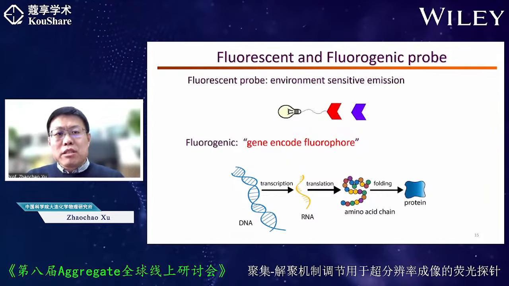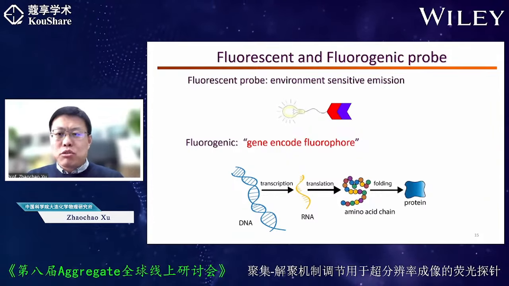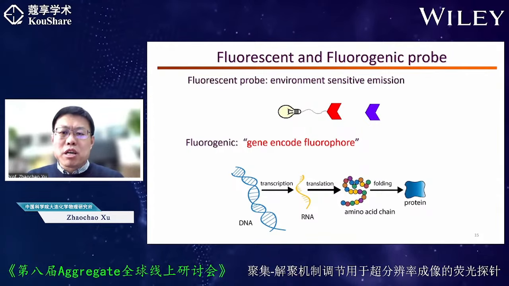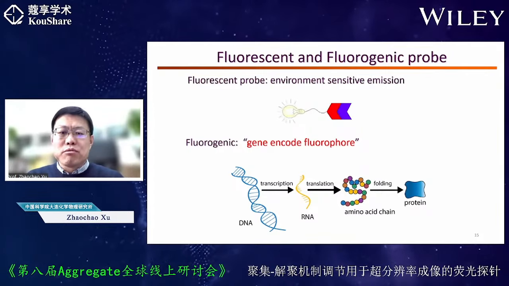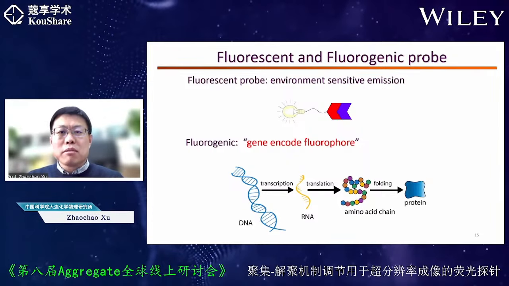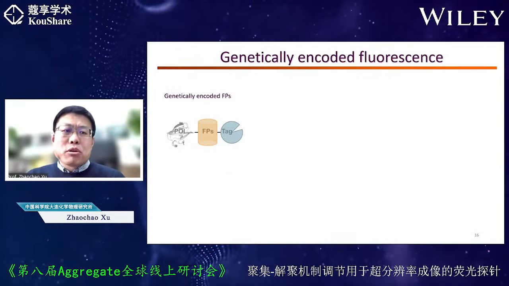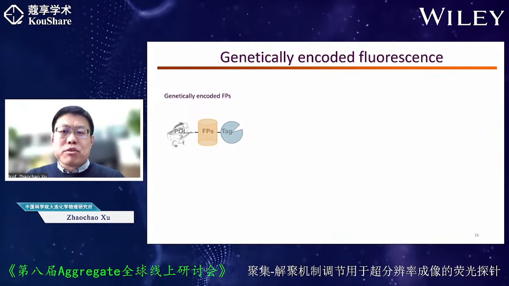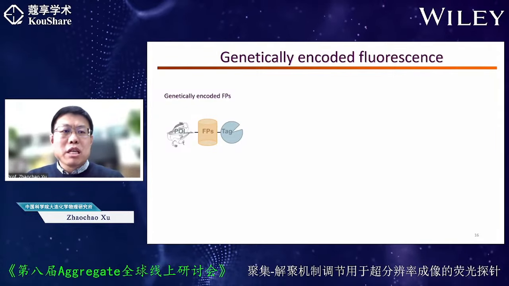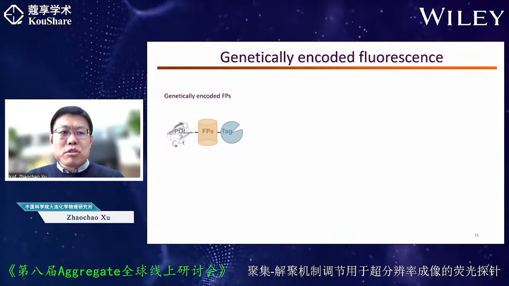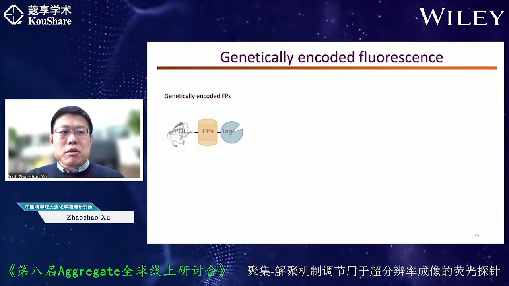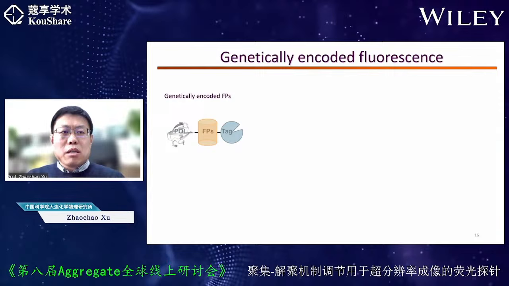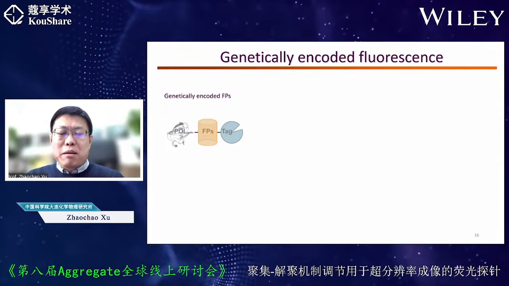If we want to get a fluorogenic probe, it's necessary to introduce gene-encoded components into the fluorescent probe that encode for the fluorescent response, similar to genetic encoding. Fluorescent proteins are genetically encoded. So here we introduce a fluorescent protein into the silicon rhodamine probes. We insert the fluorescent protein between the protein target and the protein tag.